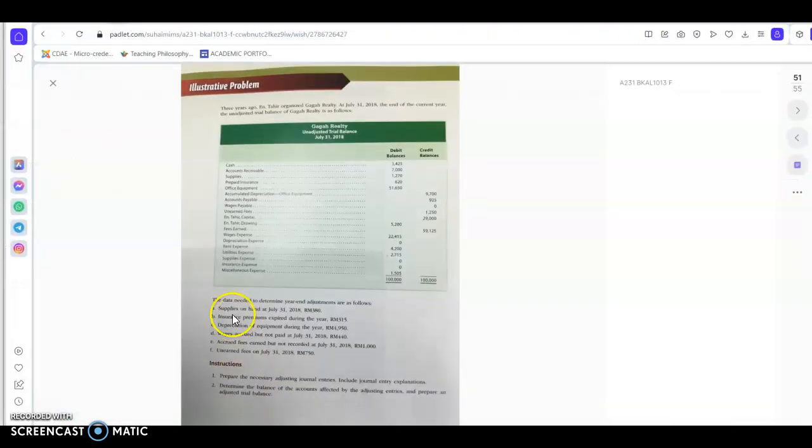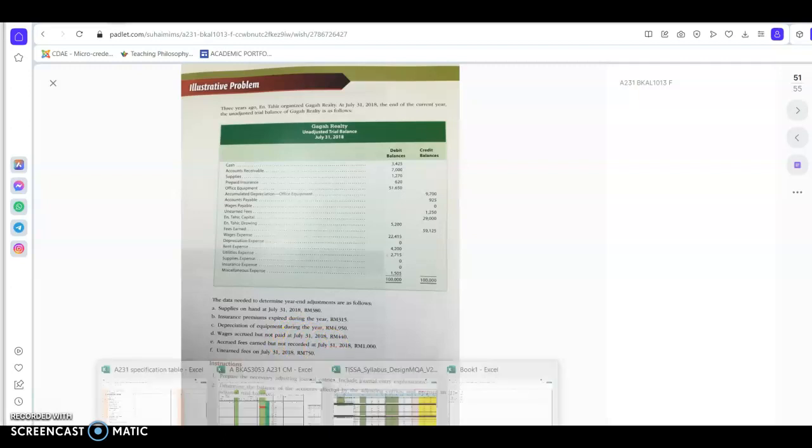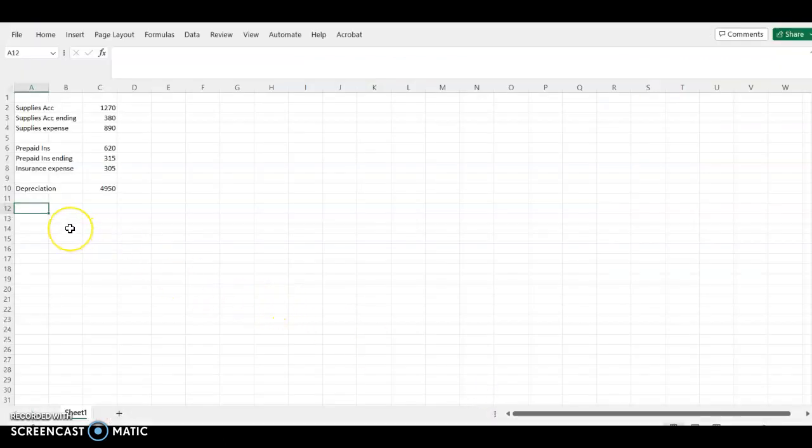Let's see for D. Wages accrued but not paid 440. Wages accrued, meaning that we have to record the wages payable 440.